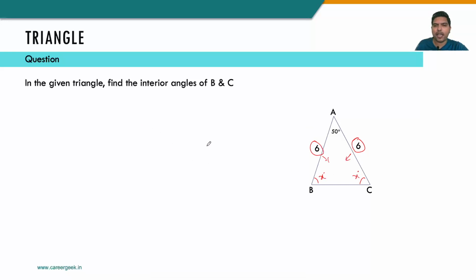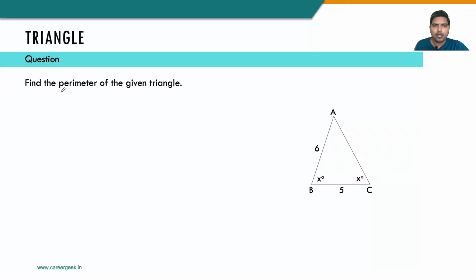So let me take angle B and C as X, and again we'll apply property 1, that is sum of the interior angles. 50 plus X plus X is 180. So 2x is 180 minus 50, which is 130. X will be 130 divided by 2, which is 65. So each of the angles B and C is 65.